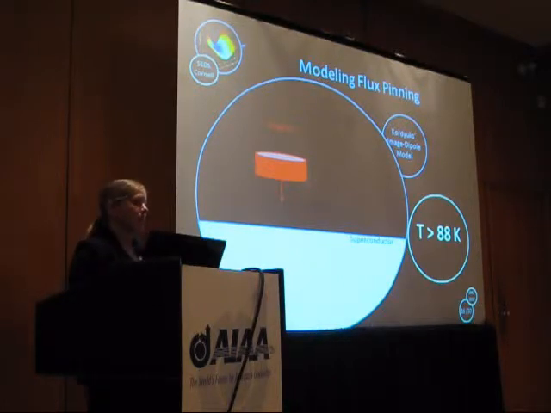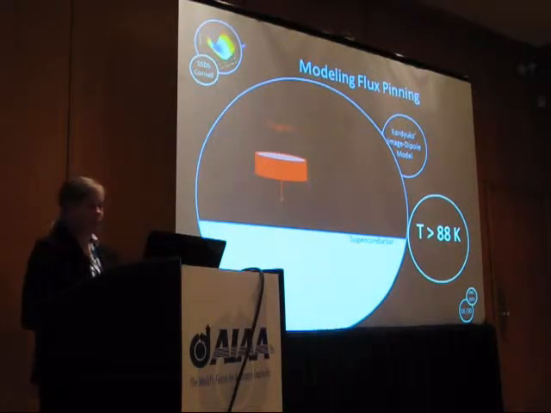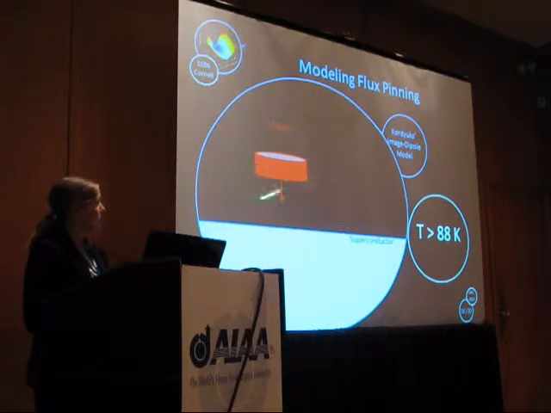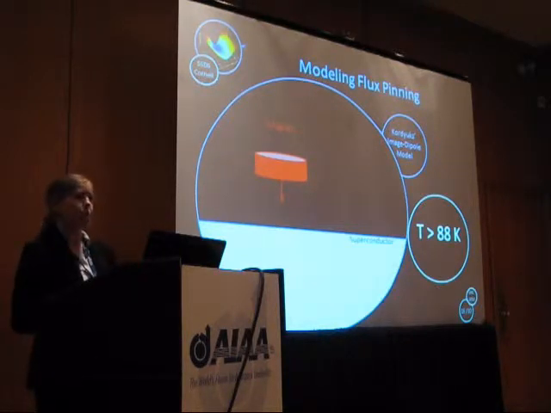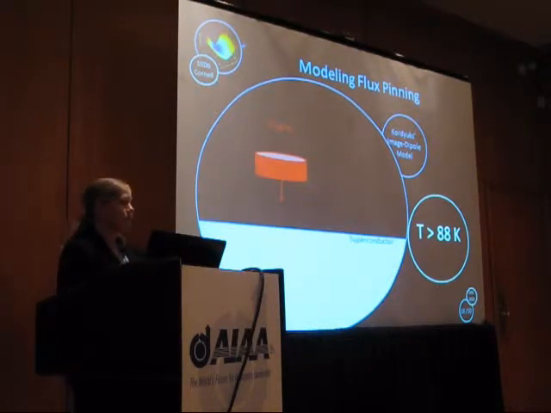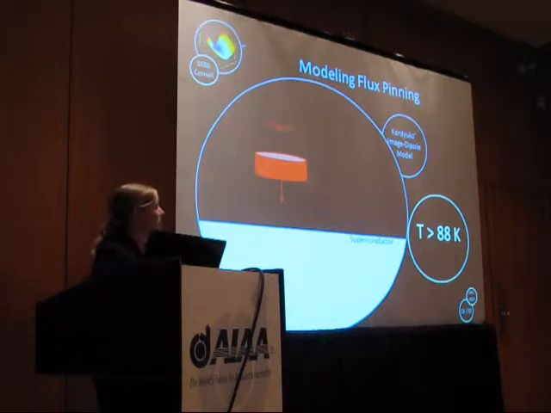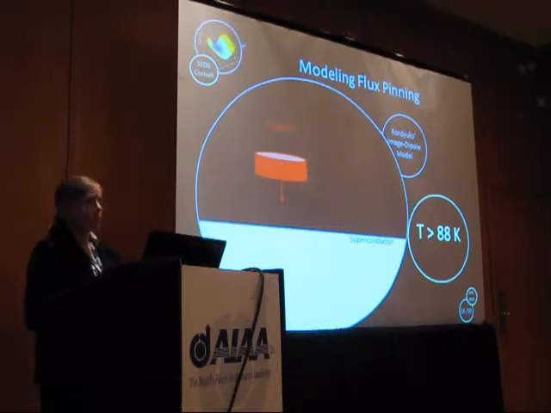Now the image dipole model has two assumptions built into it. That is basically the assumption that you're using dipoles. So this is pretty accurate for what we're doing in our lab actually, because we're using cylindrical magnets and they're fairly small. So we're okay with this assumption. The second assumption is that your superconductor is an infinite plane.